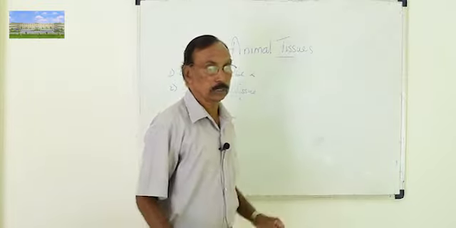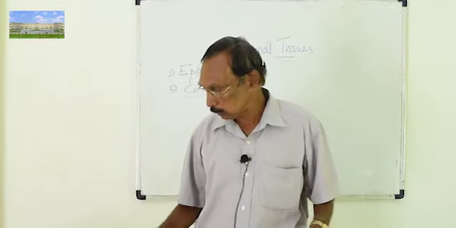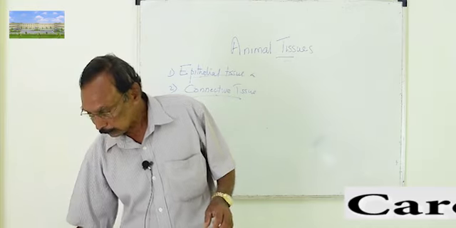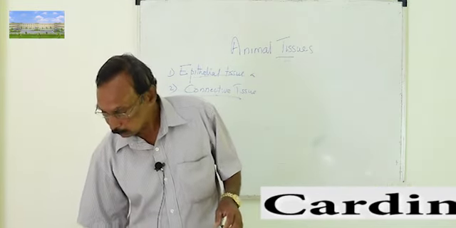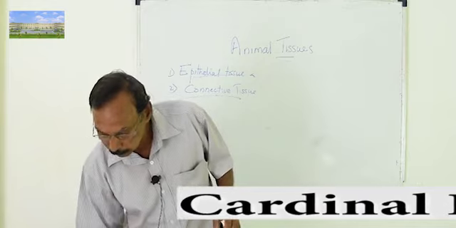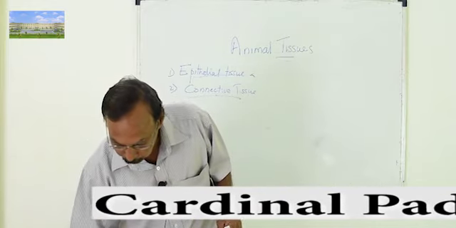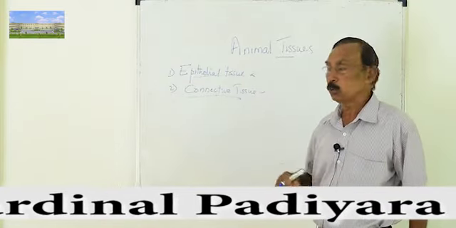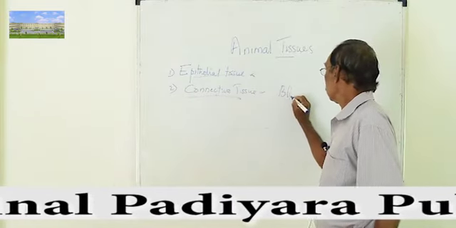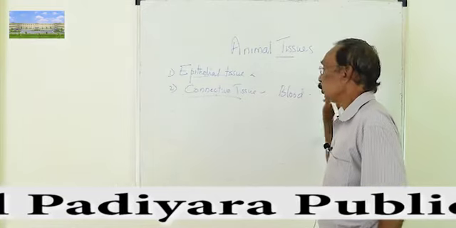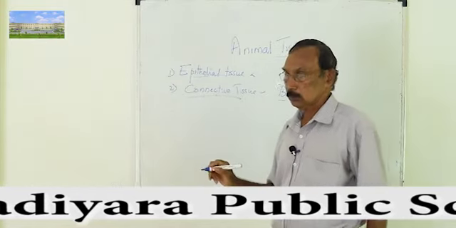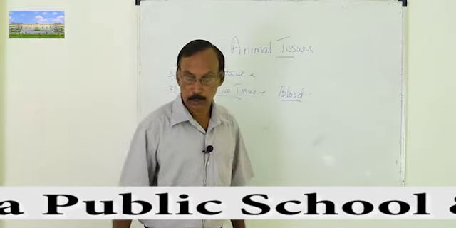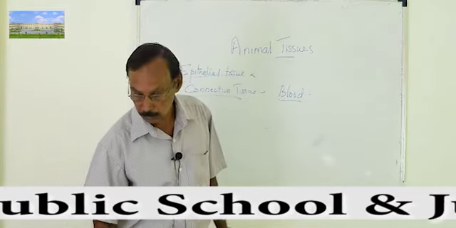Connective tissue means connecting one part of the body to another. A very common example is blood. Bone also will come. Blood connects various parts of the body, transporting oxygen, carbon dioxide and various other things.